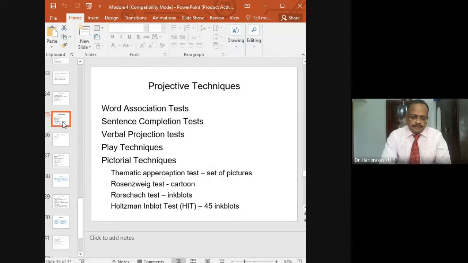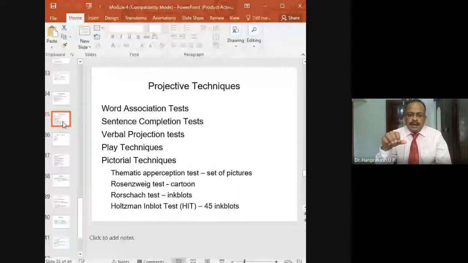Rosenzweig test is another test where cartoons will be given. Cartoon pictures, with a situation given in that cartoon. Rorschach test. Rorschach test is where ink blots are used. On a plain sheet of paper, some ink is put.